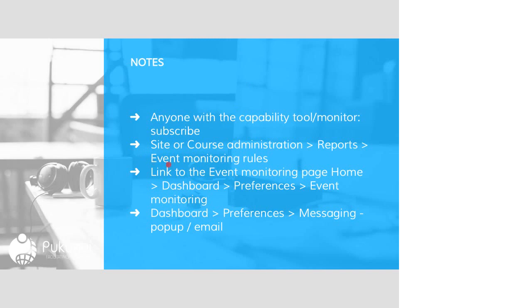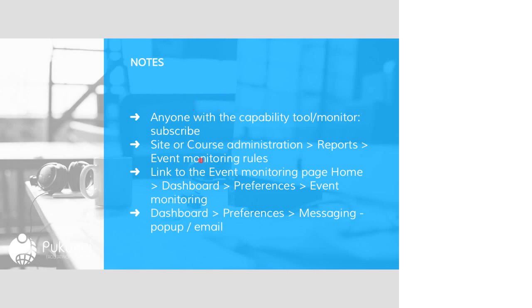So as I said, all of this is under either the site administration, or if they've been set up for you, under the course administration. So course administration, reports, event monitoring rules. That's where you'll find within a Moodle course any rules that have been set up that you can subscribe to.